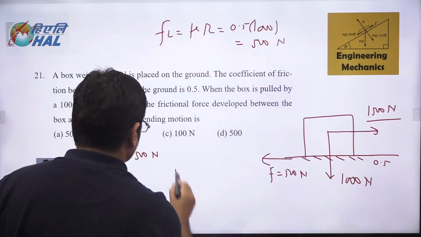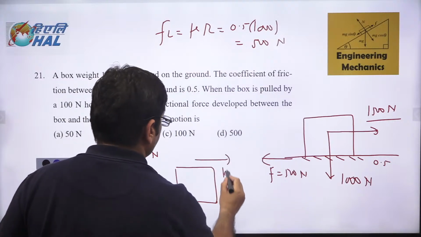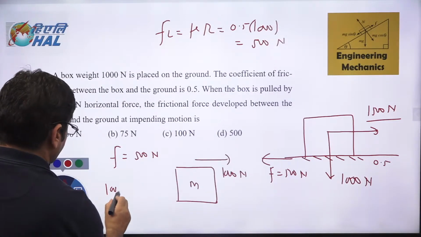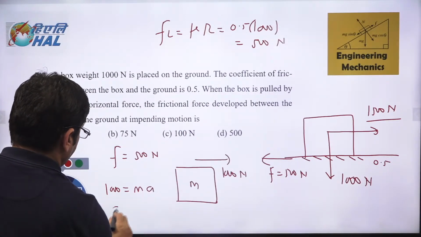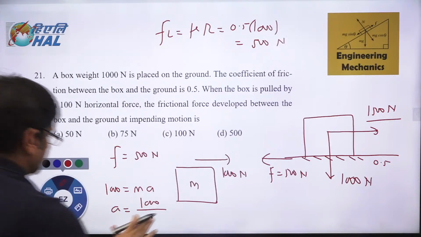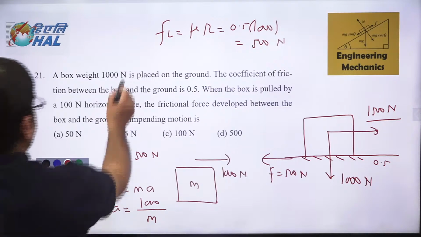So what is the net force acting on the body? Net force acting on the body is 1000 Newton, and the mass is M. So 1000 Newton is equal to M into A. Acceleration is 1000 over M. What is the mass? The weight given is 1000 Newton.